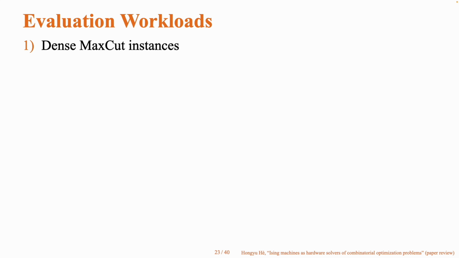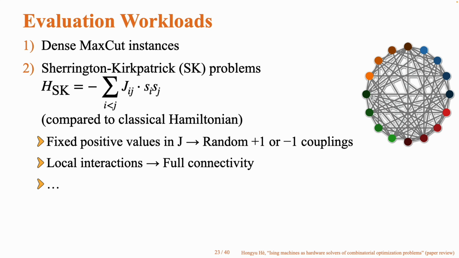First is the dense max cut instances they introduced, and the second is the SK problems. And this is the graph representation that we introduced previously. It's a slight modification or variant of the classical Hamiltonian, where the coupling could also take negative values.